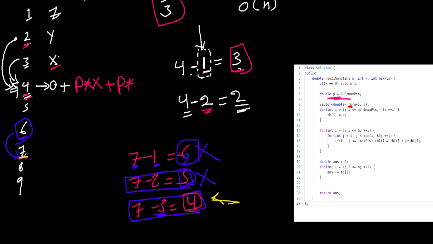So for 7 it's the probability to get 3 points, which is P, multiplied by the solution for 4, dp of 4, and this will be the solution for 7. And for these we don't add them to the solution because again these values are greater than or equal to k, and this is why we have this condition here.